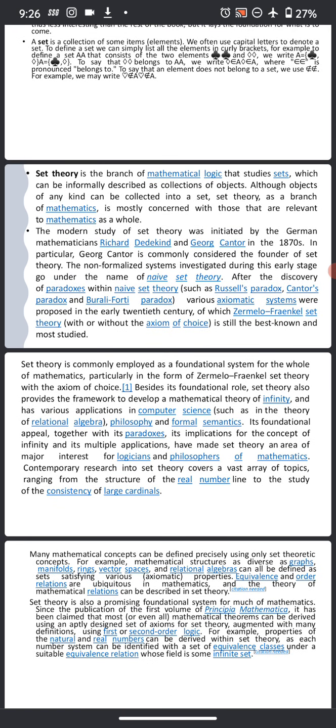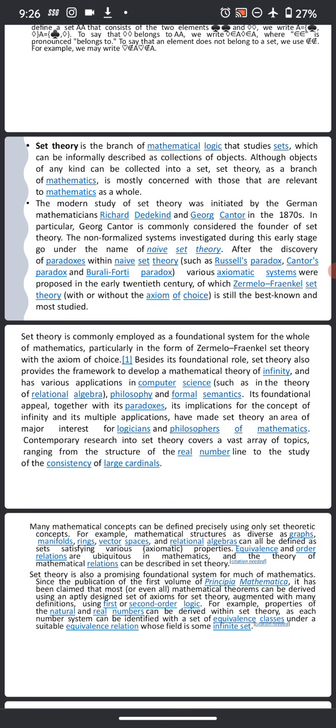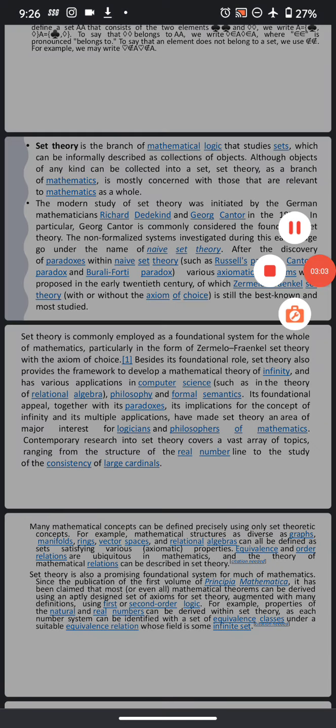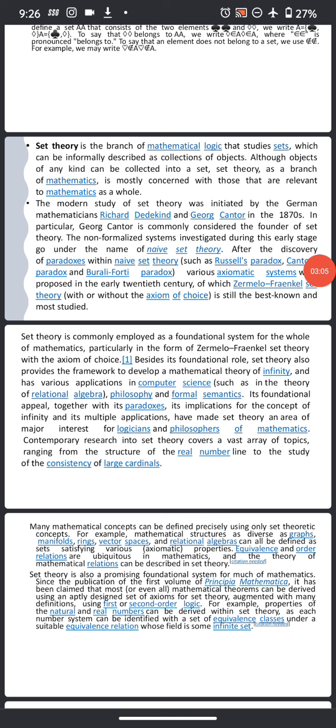Set theory is commonly employed as a foundational system for the whole of mathematics, particularly in the form of Zermelo-Fraenkel set theory with the axiom of choice. Besides its foundational role, set theory also provides the framework to develop a mathematical theory of infinity and has various applications in computer science, such as in the theory of relational algebra, philosophy, and formal semantics.